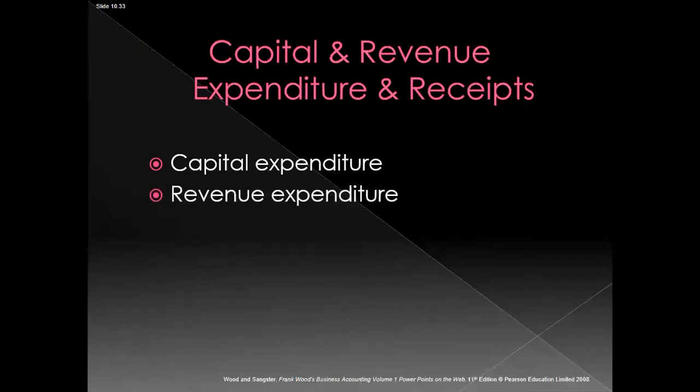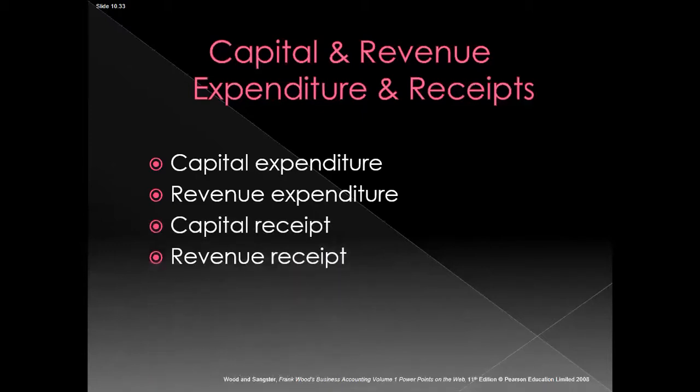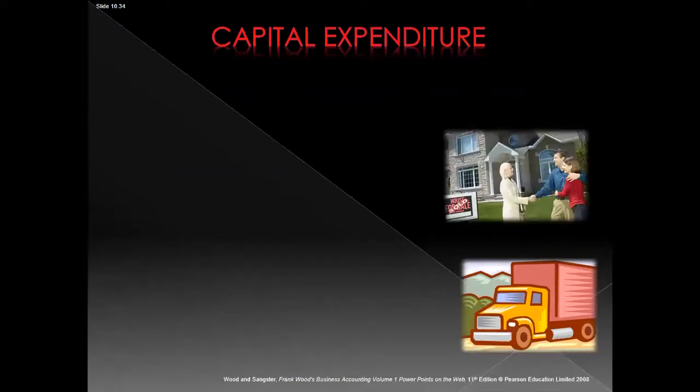Because the word capital mainly shows that this amount of expenditure or receipt is relevant to the non-current assets. The revenue expenditure and receipts are mostly relevant to day-to-day operations, not to the buying or selling of non-current assets.